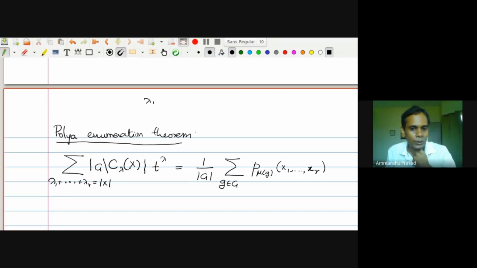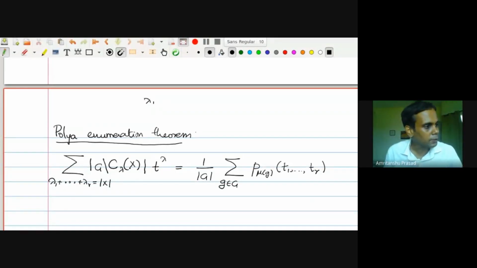So this is the Polya enumeration theorem. It tells you how many different necklaces you can have for each possible kind, where you say how many red beads, how many blue beads, how many green beads you must have. You just compute this right hand side, which is the sum over the group of some power sum symmetric polynomial, and then you look. Oops, this is not t, this is x. This is not x, this is t. So you look in the right hand side for the coefficient of some monomial, and it tells you exactly how many different necklaces you can make with the same set of beads.